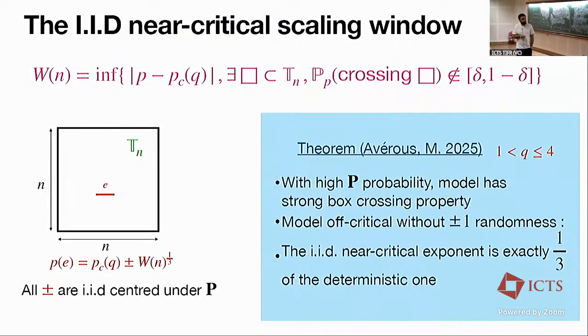And this 1/3 exponent is actually optimal in the sense that if you take it correctly centered plus minus W of n to the 1/4, then you will have some boxes, some crossing which is going to blow up. So the model should become off critical at least for some internal crossing. So here I'm really asking that in my torus, all my crossing probabilities in all my squares become preserved.